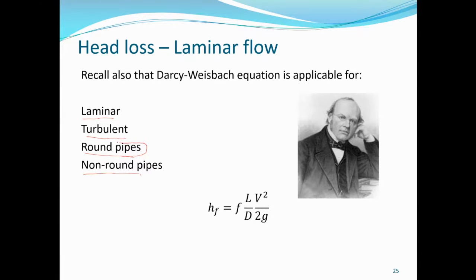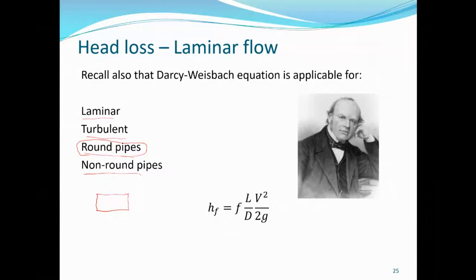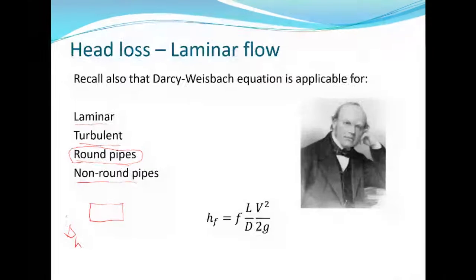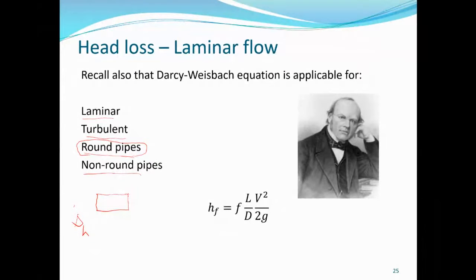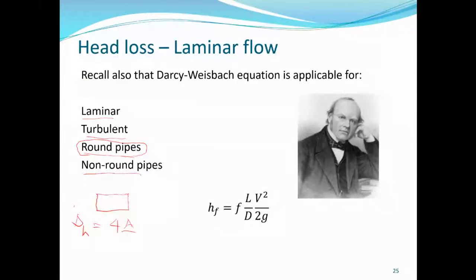But in chemical engineering, you can encounter pipes that are not round, like ducts, maybe rectangular, that are used, let's say, for cooling and what have you. And there you will need to define what is called the hydraulic diameter, DH, which is simply 4 times the surface area over the wetted perimeter.